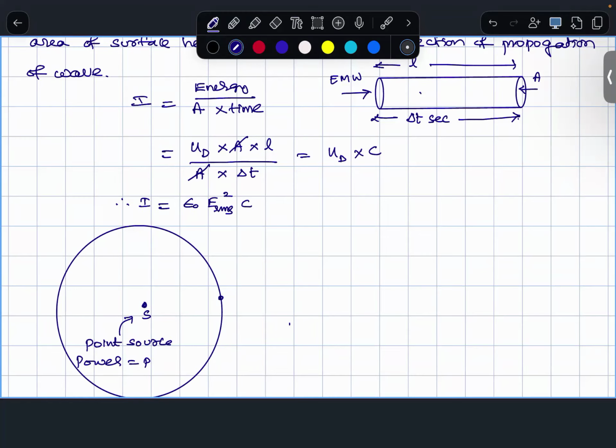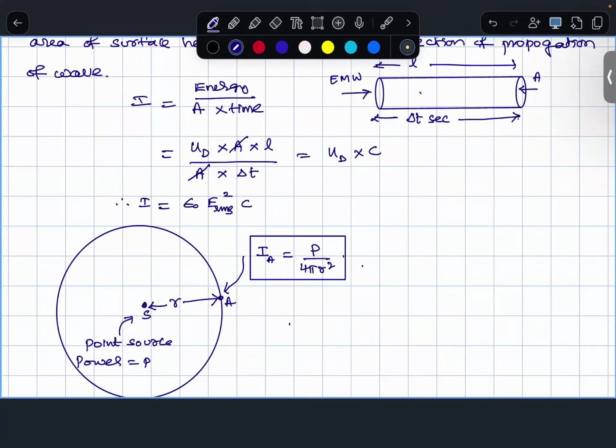Now imagine a point here, which is at a distance R, and let this be point A. What is the intensity at A? P by 4 pi R square. Intensity is P by 4 pi R square.